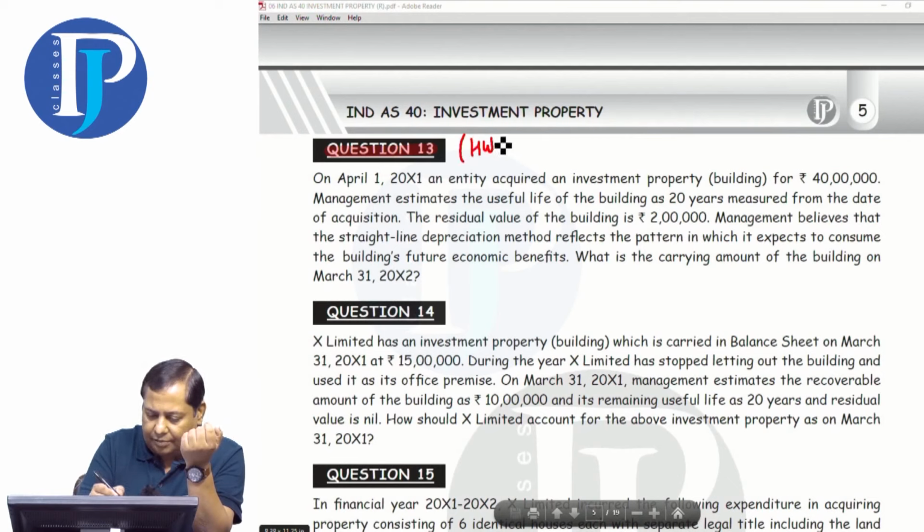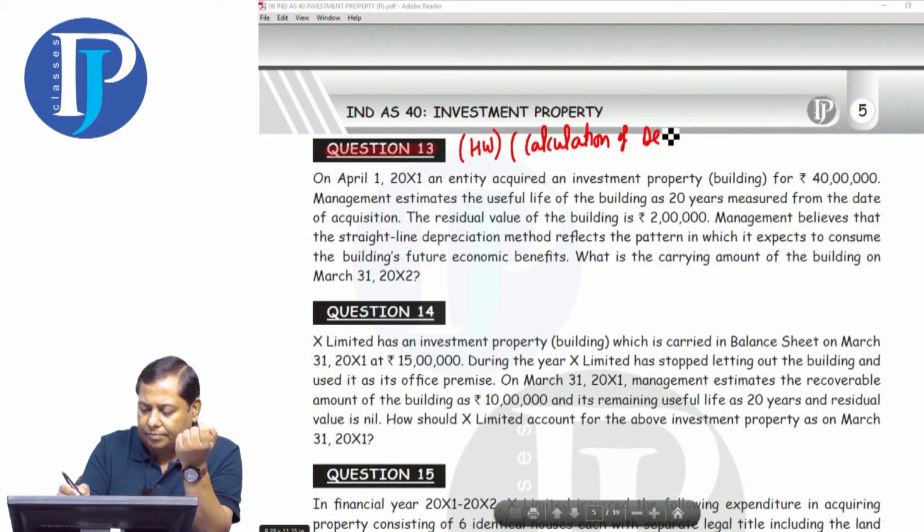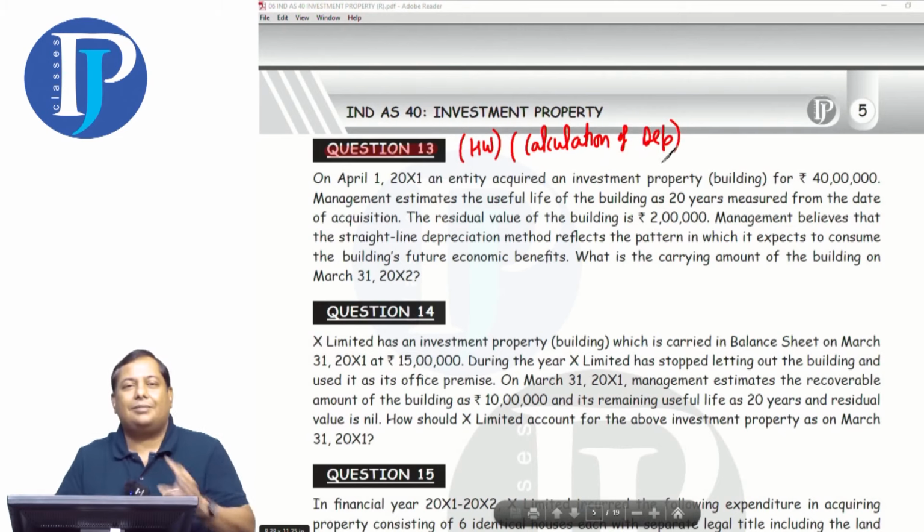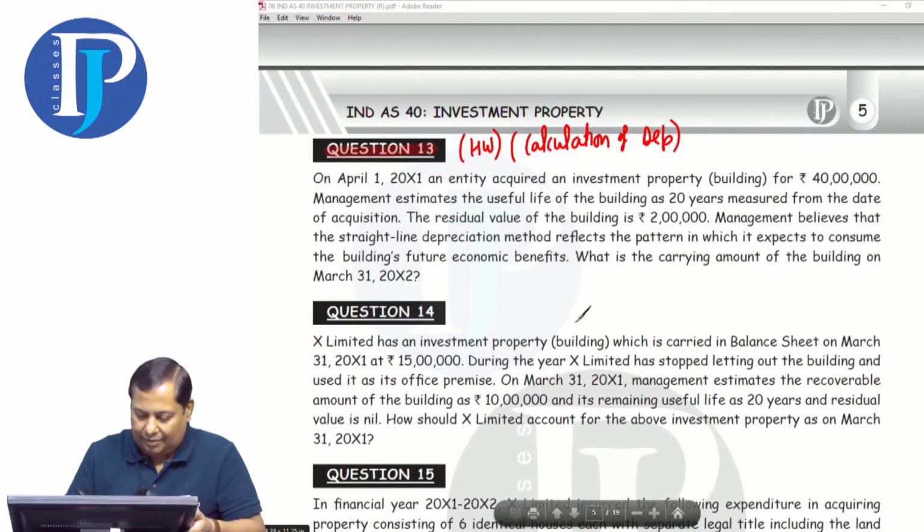This is part of homework. In it there is only calculation of depreciation and nothing else. So this question is also given in your study material. Tell me one thing. How much did you buy the property for?